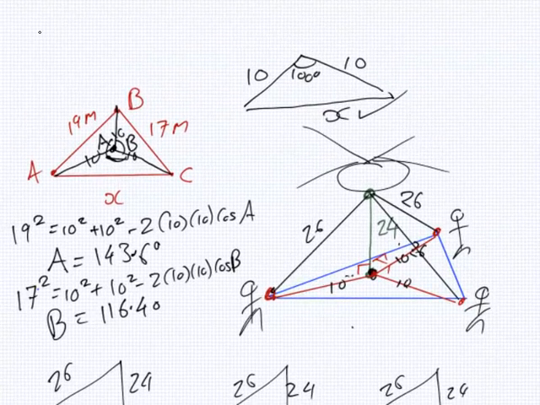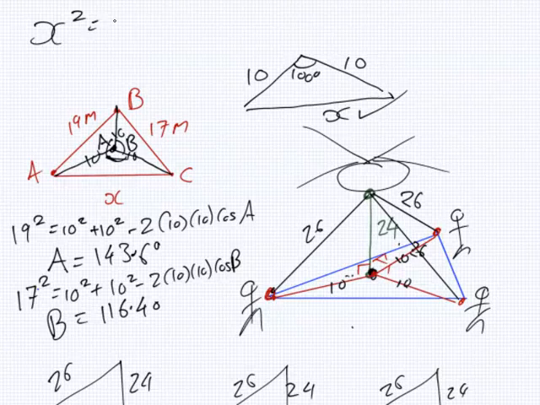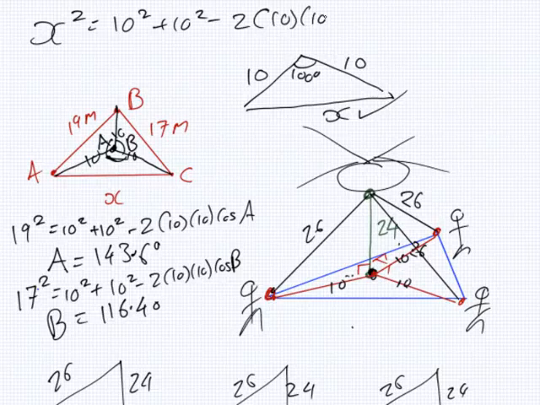So now I finally have x squared equals 10 squared plus 10 squared minus twice 10 cos 100.